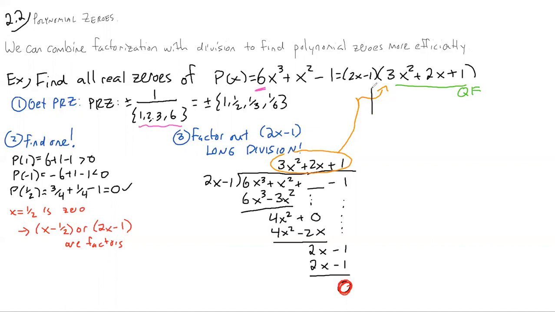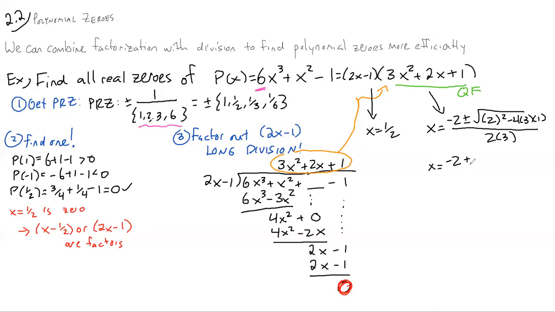So my zeros would be x equals negative b, so negative 2 plus or minus root b squared minus 4, a is 3, c is 1, over 2a, which is 3. And then if you notice, the inside of that radical is not doing what we usually want it to do. That's 4 minus 12 is negative 8 over 6.